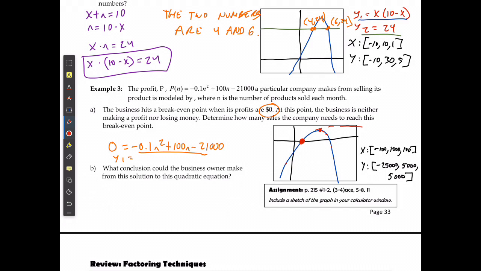So really, to reach the break-even point, I'm just looking for this x-intercept on the left. And this occurs at 300 and 0, which means that I would need to make 300 sales per month.